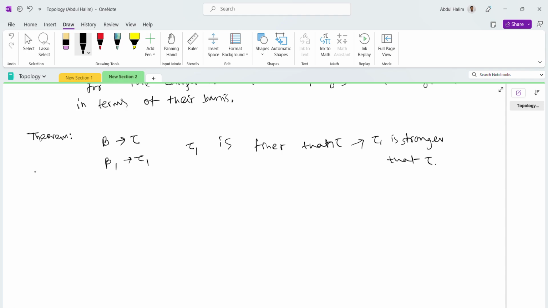Yes, we already know about it from the last lecture. Tau1 is finer than tau. Tau1 or tau dash, whatever it may be, it's no issue.